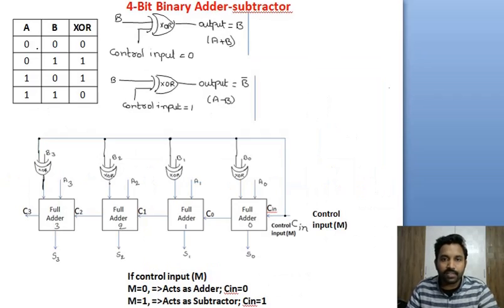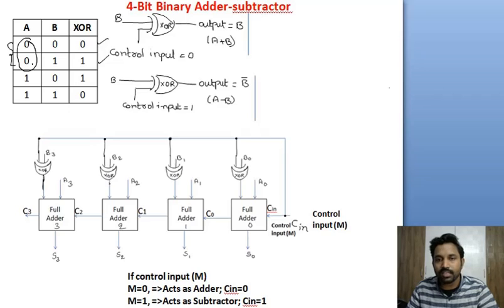Now observe here, let us assume A is the control signal. If the control input is 0, and we observe the B values, 0 here, 1 here, the point is that when the control signal is 0, irrespective of the B value, the output is B itself. If the B value is 0, the output is 0 itself.